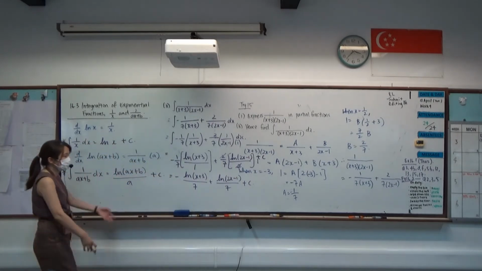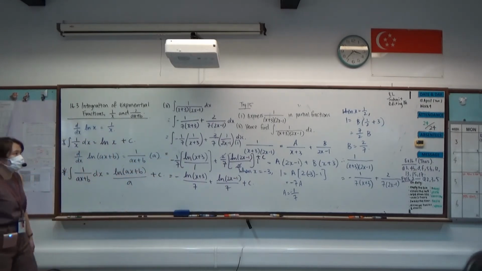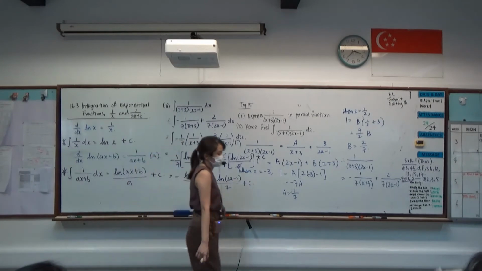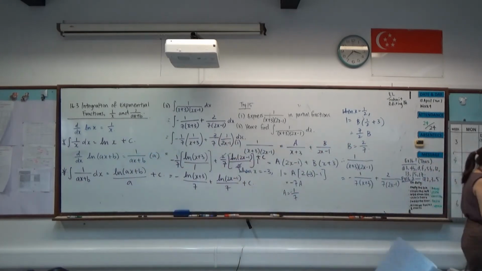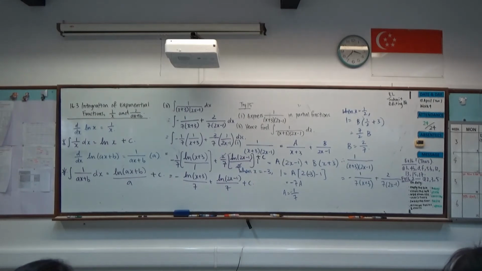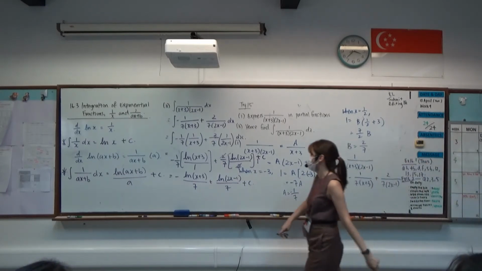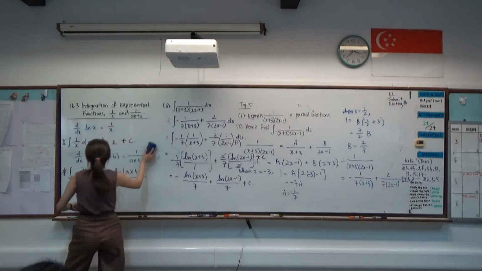But it's not an issue to have left it over here like that as well, unless the question expects a certain form. Maybe in case the exam expects a certain form.